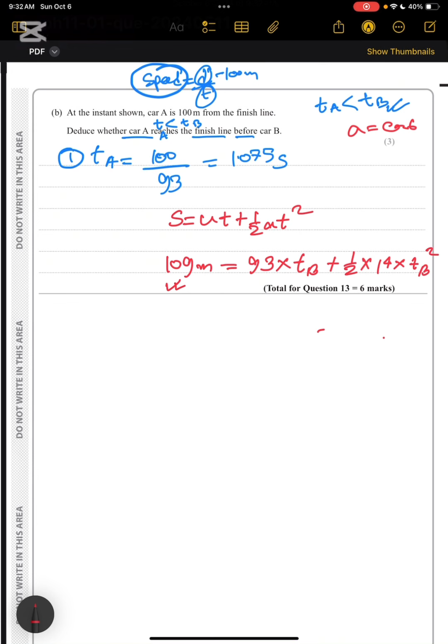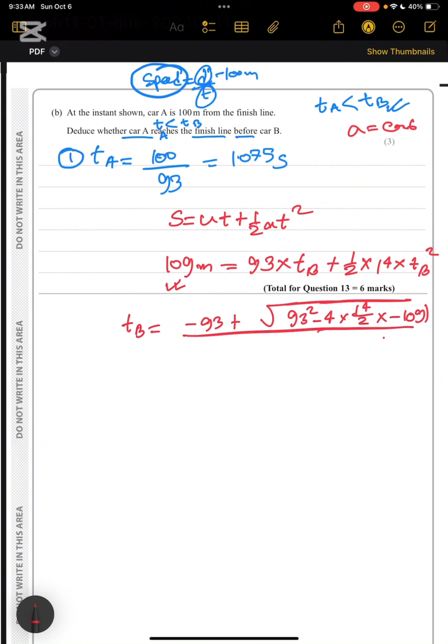Now we have to use the quadratic formula: minus b plus minus root b squared minus 4ac, so minus 93 plus root 93 squared minus 4 into 14 by 2 into minus 109, all over 2a. I'm not showing all the workings because I hope you guys can complete it by yourself, because it's just a normal math problem. So the time here comes to 1.084 seconds.